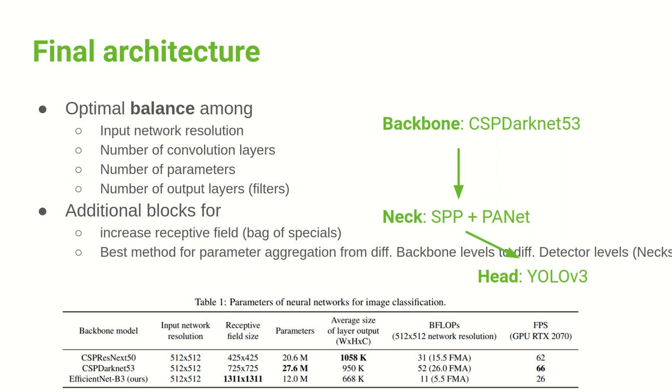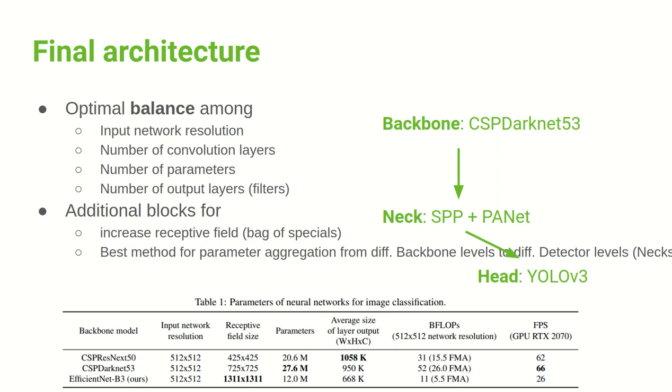In the table below, you can see the different backbone models from CSPResNeXt50 to CSPDarknet53, compared with EfficientNet B3. They have the same input resolution, but different receptive field sizes. EfficientNet B3 has the largest receptive field size, but Darknet is in between.